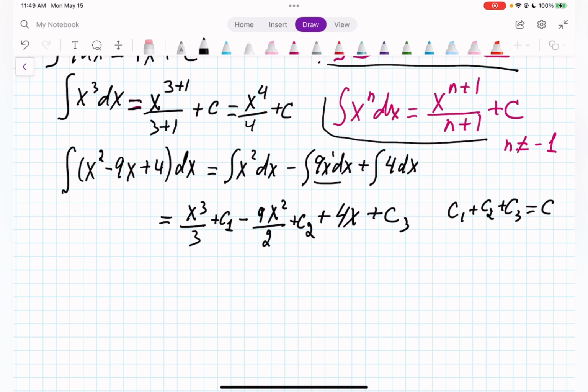It's the same thing I put there: x cubed over 3 minus 9x squared over 2 plus 4x and plus a cumulative constant.